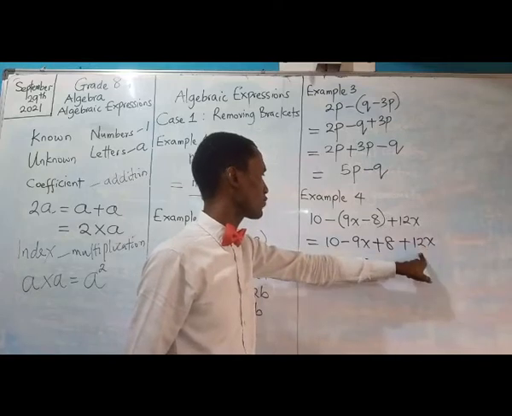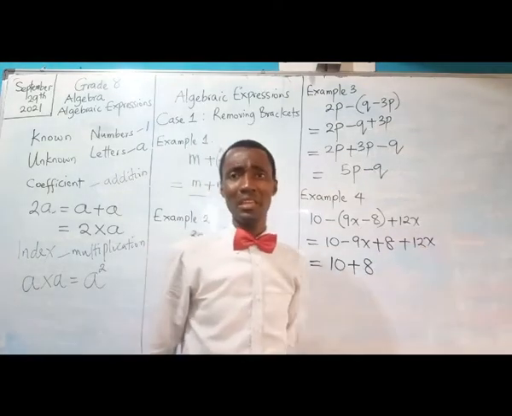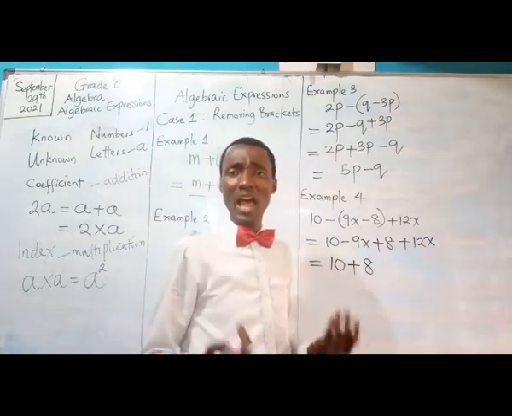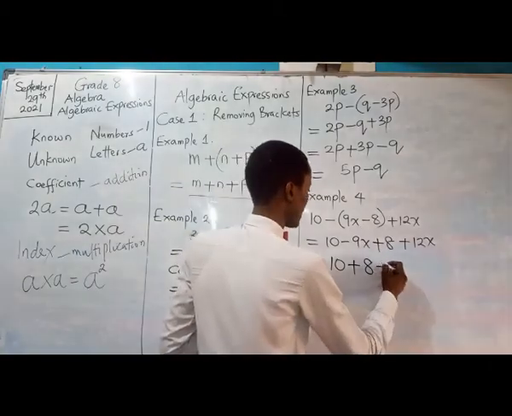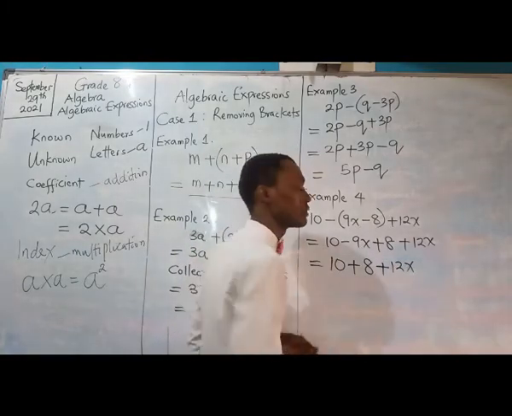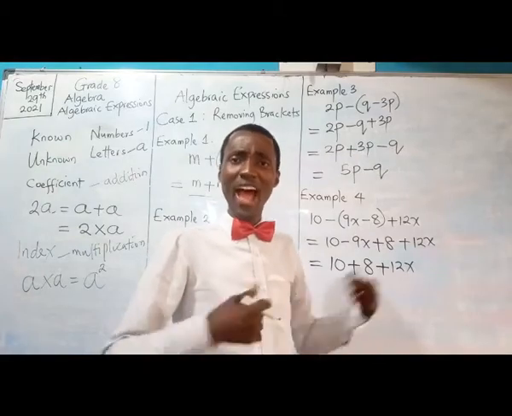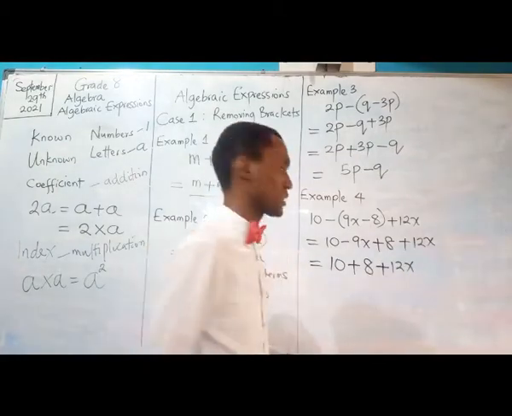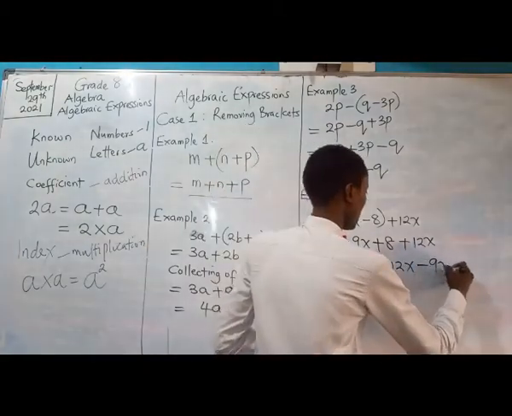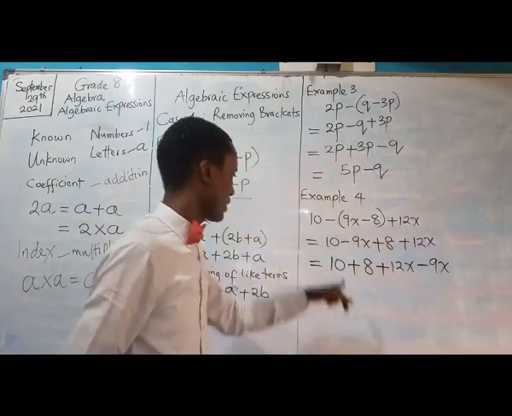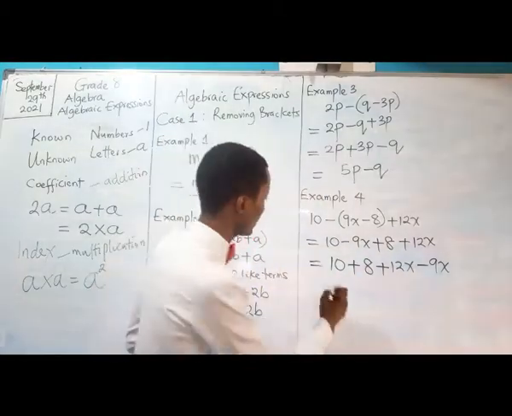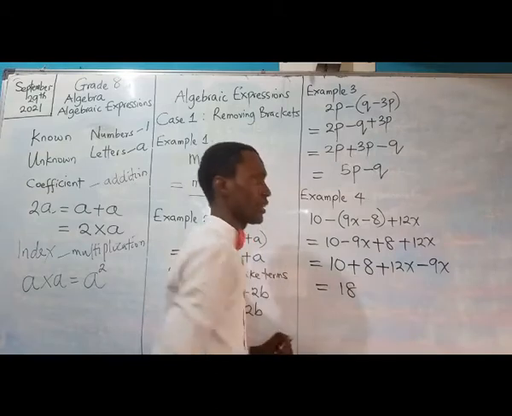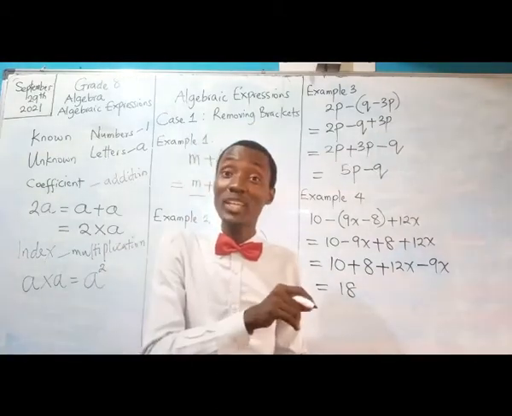I'm seeing positive 12x here. I can only give what I have, so maybe I should write what I have first. So with that, 10 plus 8 is what? 18. You see that even in algebra, we're already doing arithmetic.